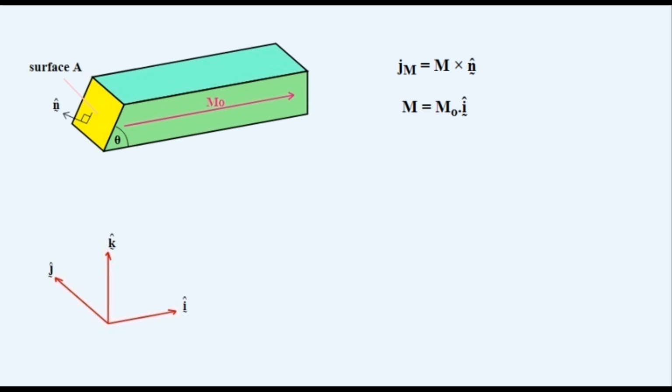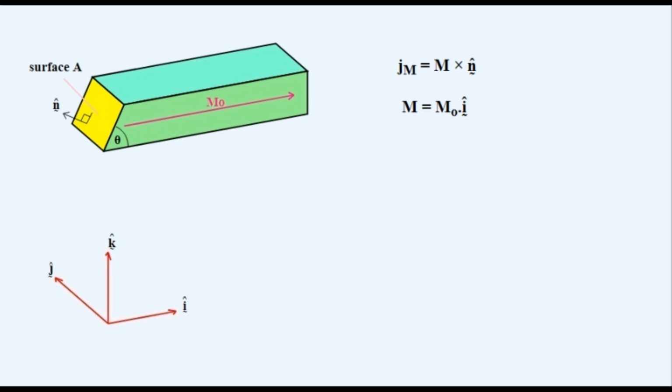The vector value of the magnetization is M0 times I, where the unit vector I contains its direction. The unit surface vector of surface A is inclined to the base by an angle of theta, so this is the value of the normal vector n to its surface. It can be easily calculated using geometry.